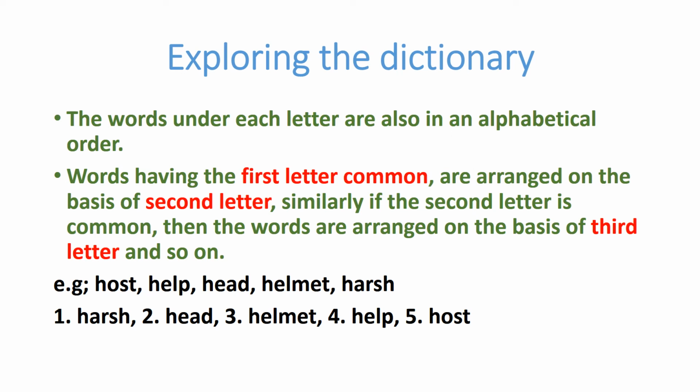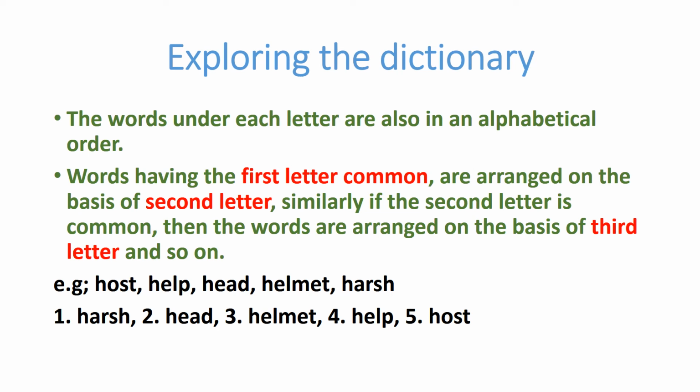So we list it at number 1, harsh. Then we have three words, help, head and helmet. From these three words, we can see the second letter is common: E in help, E in head and E in helmet. So we go to the third letter.